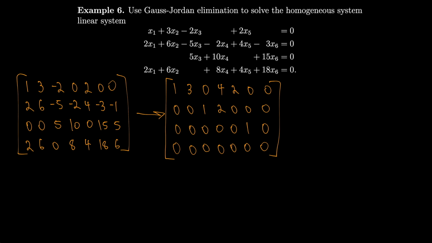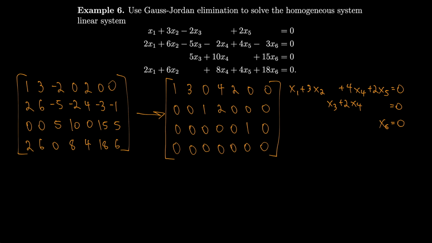So let's see. That means that we have x1 plus 3x2 plus 4x4 plus 2x5 equals 0. We also have x3 plus 2x4 equals 0. This time x6 equals 0.